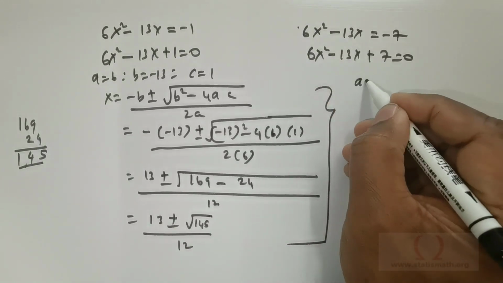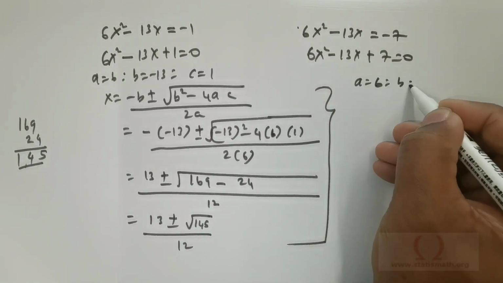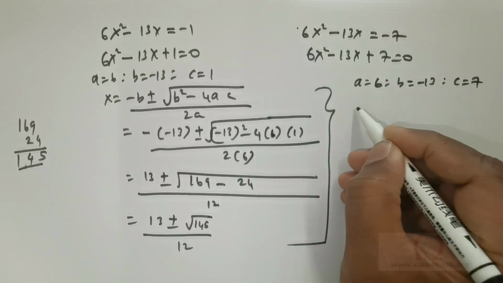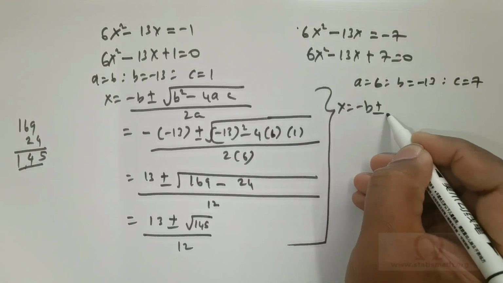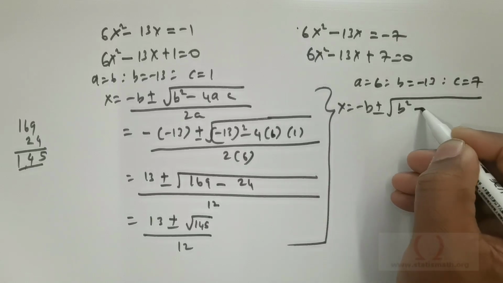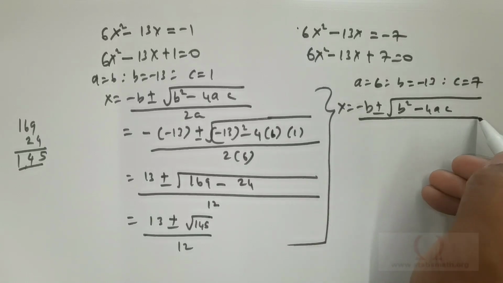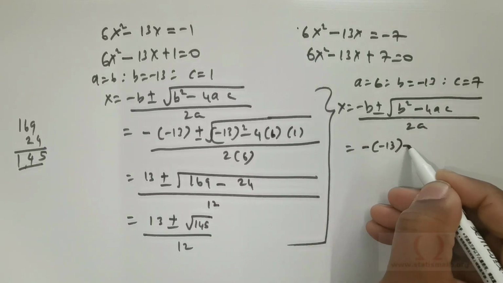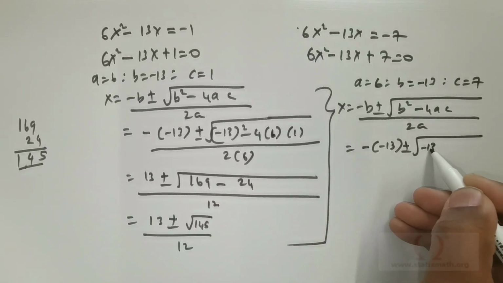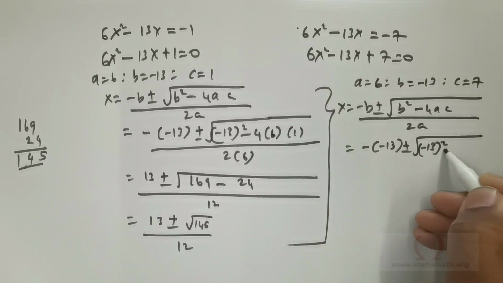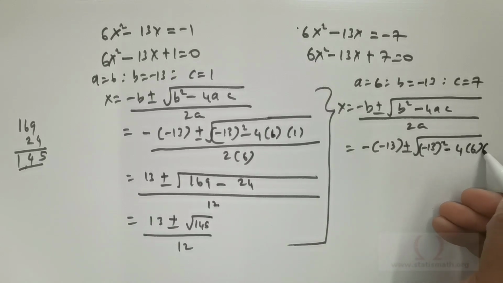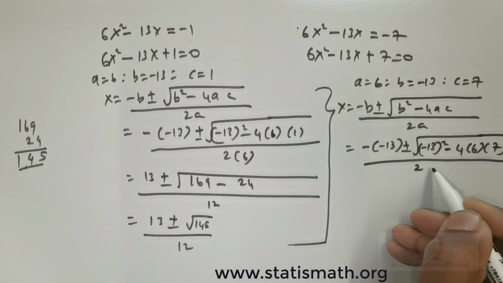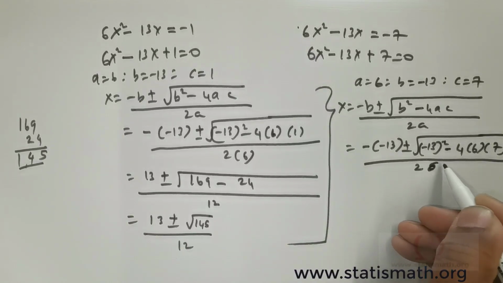For the second part, I take a is equal to 6, b is equal to −13 and c is equal to 7. I use the formula x is equal to negative b plus or minus root of b² − 4ac divided by 2a. This would give me negative of −13 plus or minus root of (−13)² − 4 times 6 times 7 divided by 2 times 6.